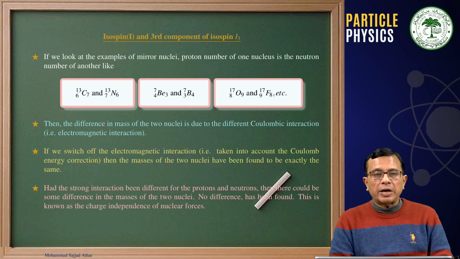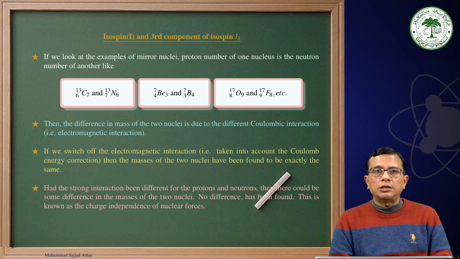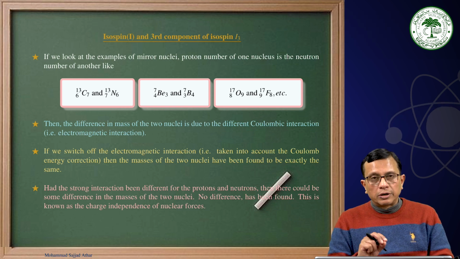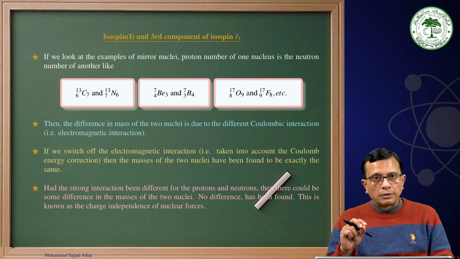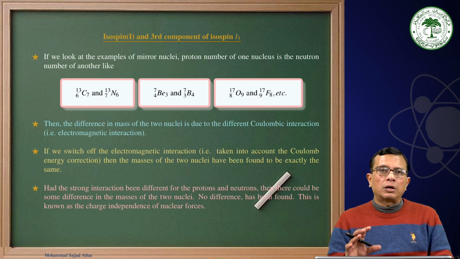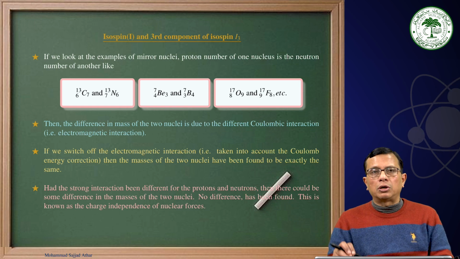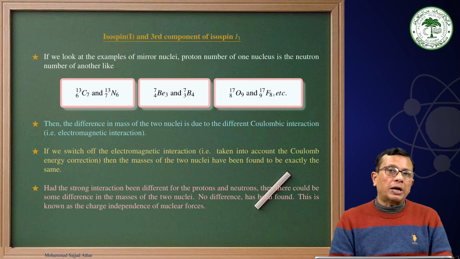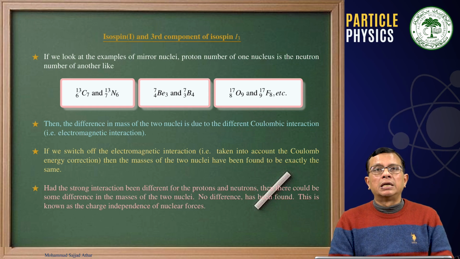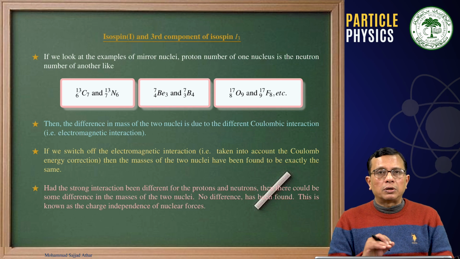Had the strong interaction been different for protons and neutrons, then one would expect that the masses of these two mirror nuclei would be different, because a strong interaction would be treating protons and neutrons differently. But since, when we switch off the electromagnetic interaction, the masses of the nuclei come out to be the same, that means from the eyes of the strong interaction, protons and neutrons are one and the same particle.